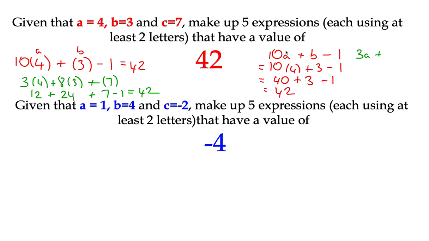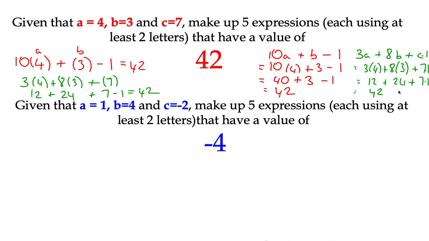And I've got 8 lots of 3, so that's 8B. And I've got 1 lot of C. And then I would just prove that by substituting the numbers in. 12 plus 24 plus 7. Oops, minus 1. Sorry about that, minus 1 at the end. That gives me 42. So you have a go at finding 5 expressions that have at least 2 letters, if not 3 letters going on.